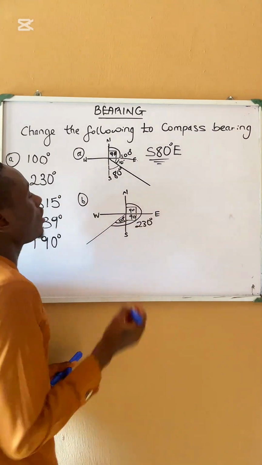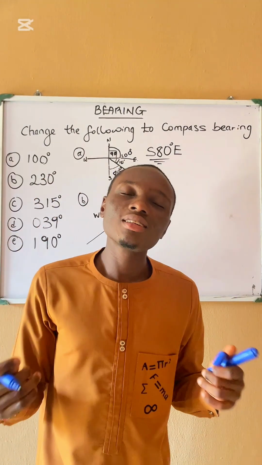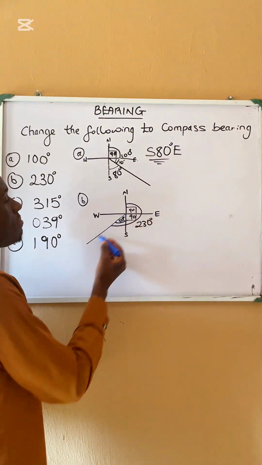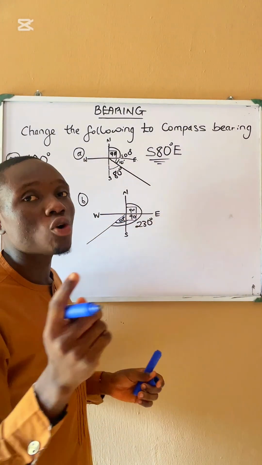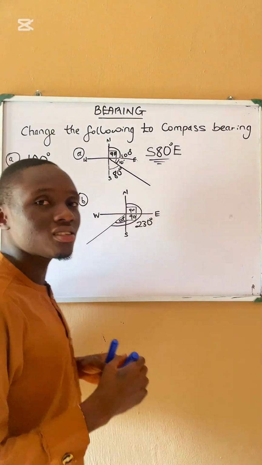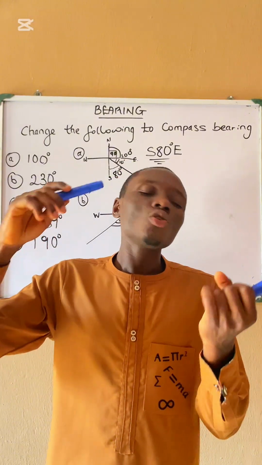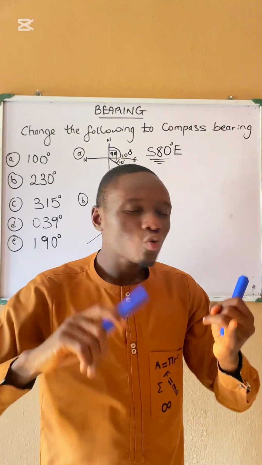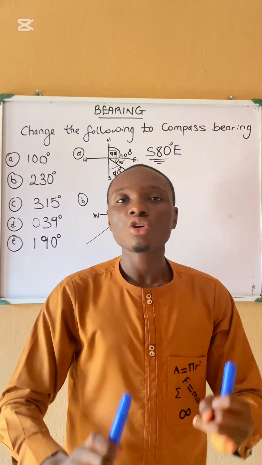From the question, we were asked to get the equivalent in compass bearing. Now this falls between west and south, meaning that your answer will start from, remember, you don't start with west when you're doing compass. You either start with south or north.